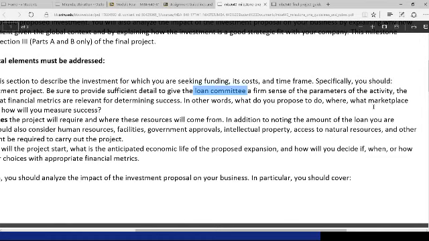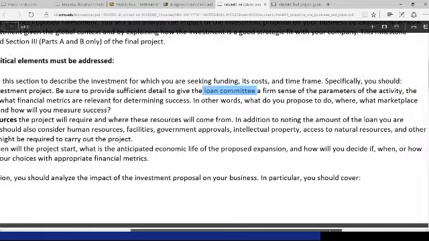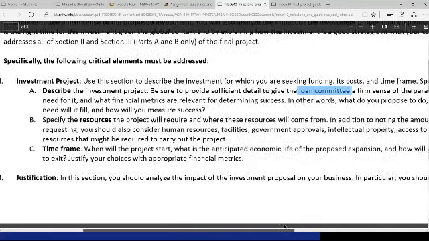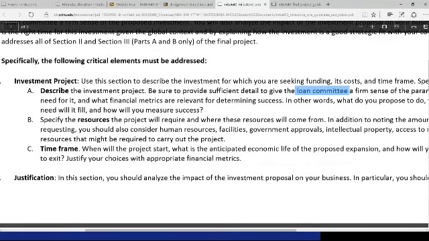Give a firm sense of the parameters of the activity, the need for it. Why do you need this project? Why does the company need to move abroad? Why the need for this new market? So explain. Well, we want to gain more market share.